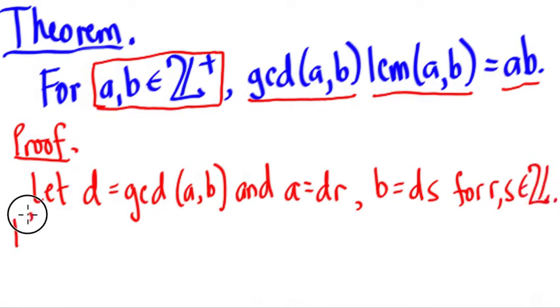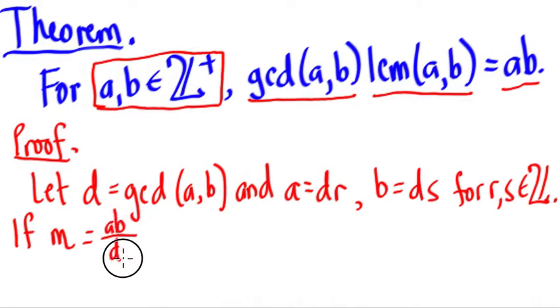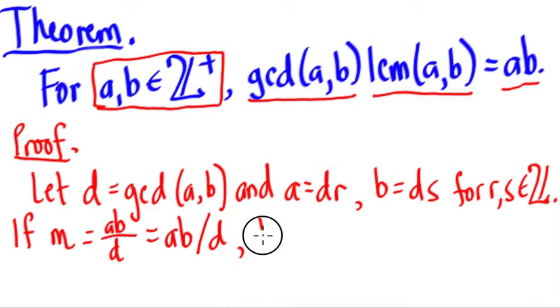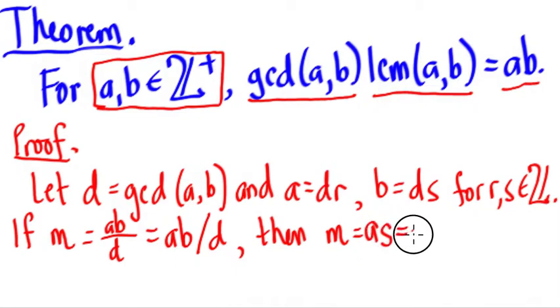Now, if we let some certain M be equal to A times B over D, we can also write this as A times B divided by D. So then, what we have is M is equal to A times S, which is also equal to R times B. Now, how did we get this value?